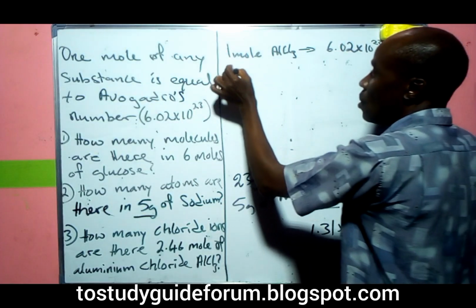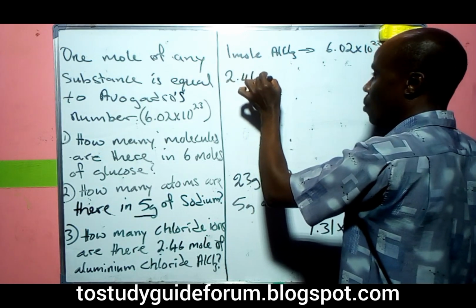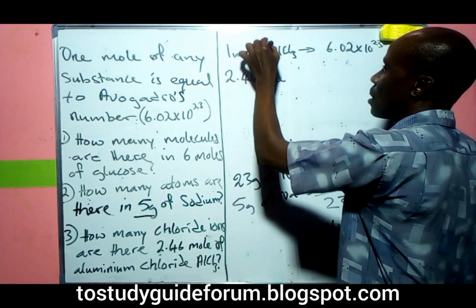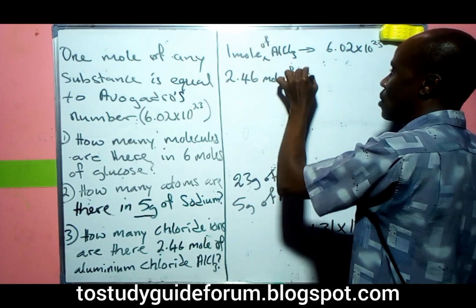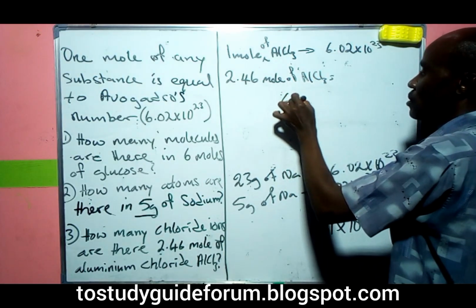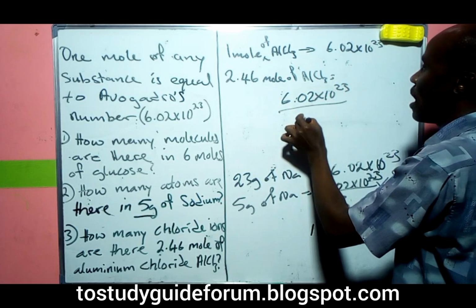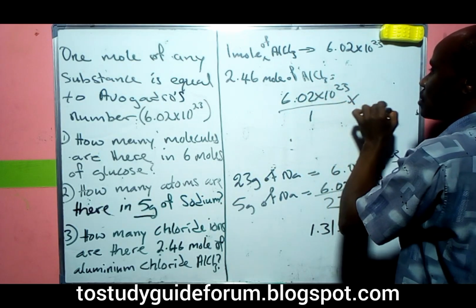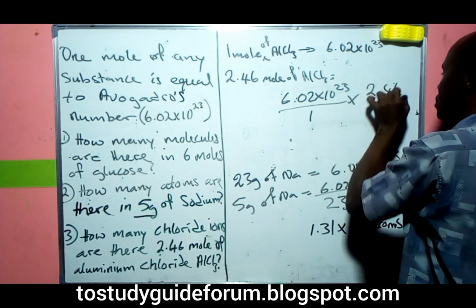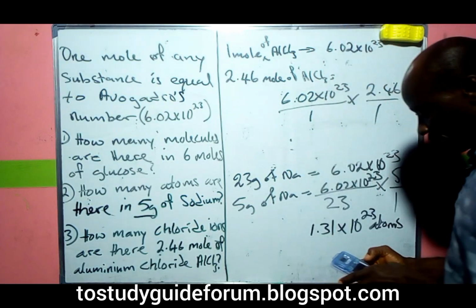So 2.46 moles of aluminium chloride will then be 6.02 times 10 raised to the power 23 over 1 times 2.46 over 1.